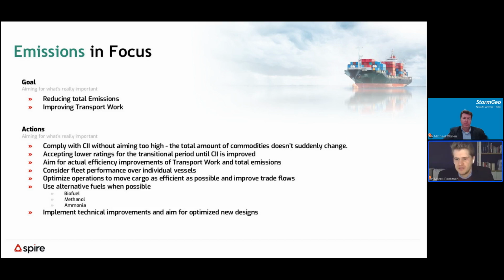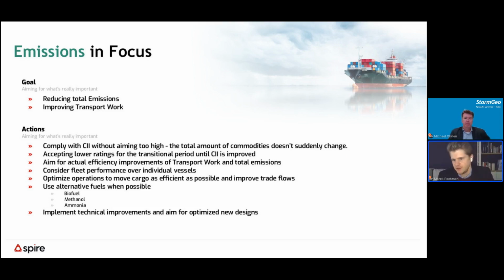So what actions can be taken? Obviously, CII should be taken seriously and should be complied with. However, it might be worth not aiming too high and maybe looking at the real efficiency of the vessel and being commercially efficient instead of trying to aim for the best rating alone, because that itself doesn't really correspond to most efficient operations.